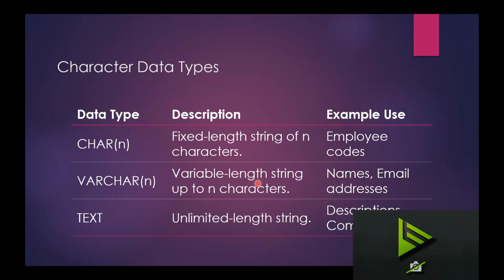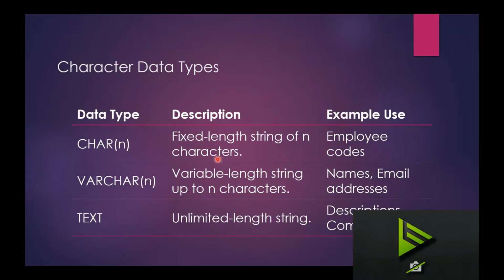Next are the character data types. The character type is CHAR, but I prefer VARCHAR. Why? VARCHAR is a variable-length string up to n characters, while CHAR is a fixed-length string of n characters, which must be fixed. This may create difficulties when you are using large values.